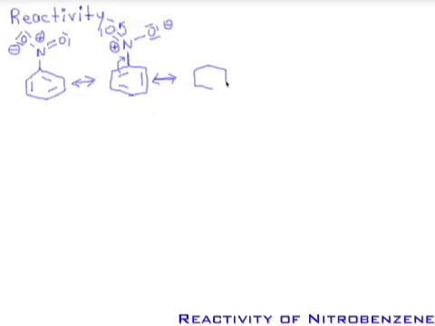If I do that, I get minus, minus. There'll be a double bond here. They'll have a plus on the nitrogen and a plus here. These pi electrons can move towards that plus.